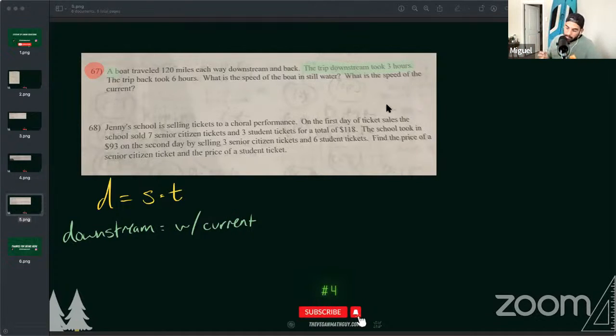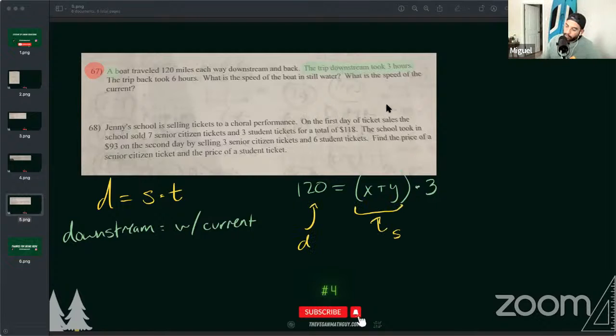Let me show you what I mean by that. So the first equation, they're saying that the distance is 120 miles. We already know that's the case. Let me put that down. I'll just put it up here. 120 is equal to, now here's the thing, X will be your boat speed. And then we're going to add that to the current because you're going with the current. And that took me 3 hours. So this was my distance.